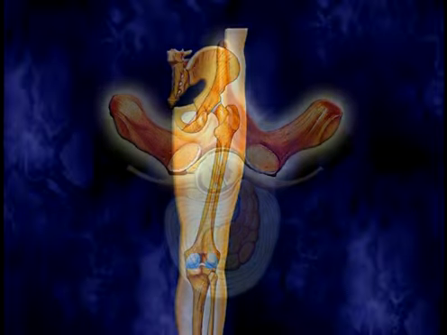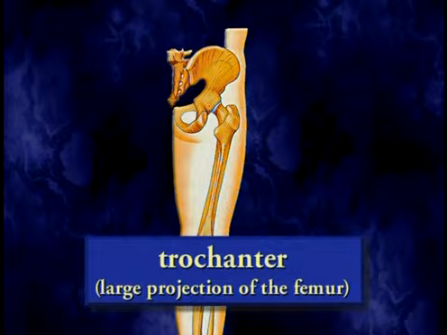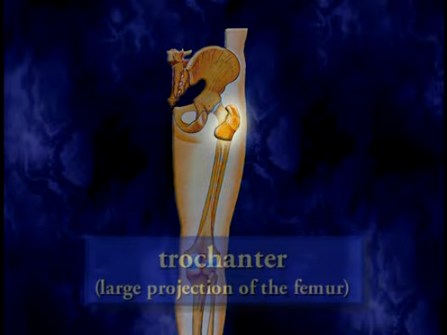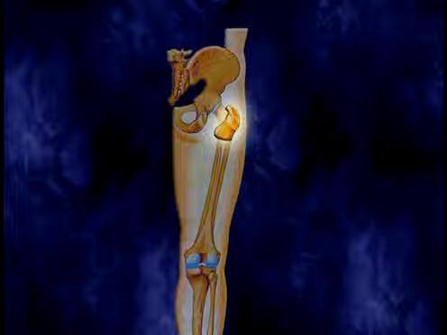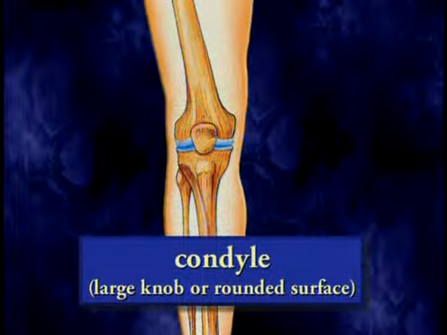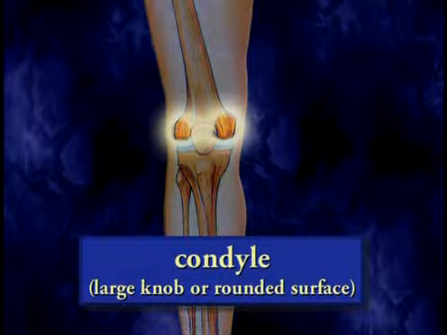We also have something called a trochanter, and the trochanter is especially important in the hip bone. Here is the trochanter on the hip. This is what you can feel of your hip bone if you push in through the part of your thigh. Condyles are rounded knobs on the ends of bone.